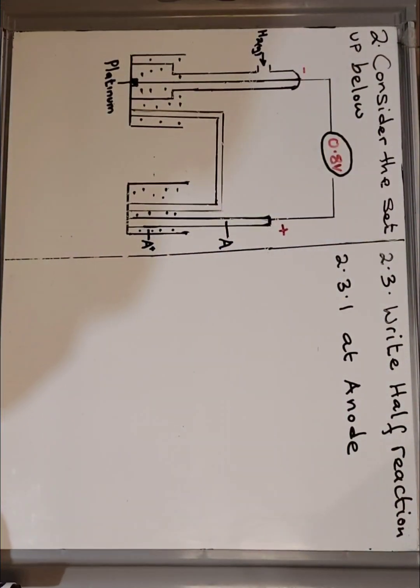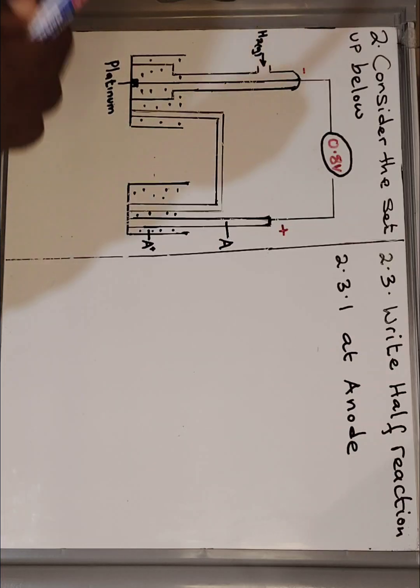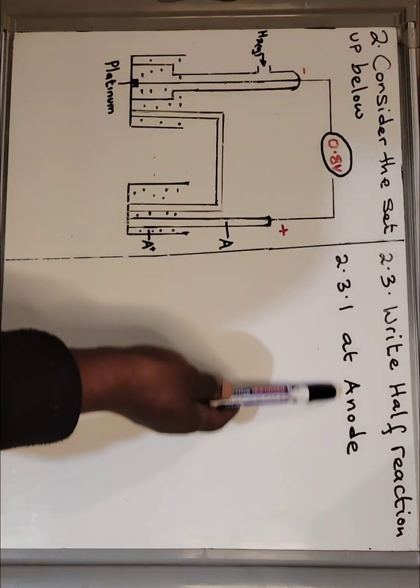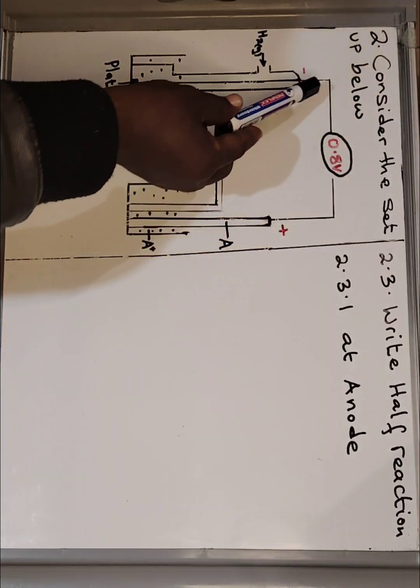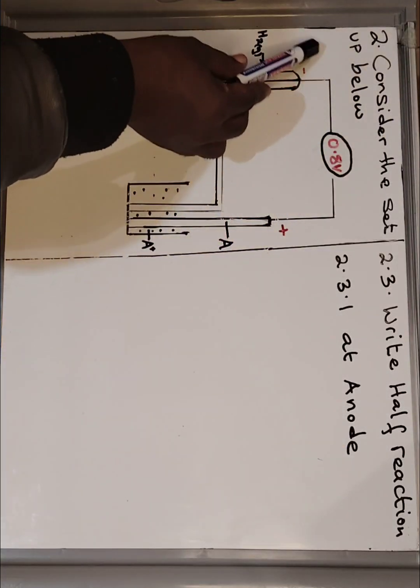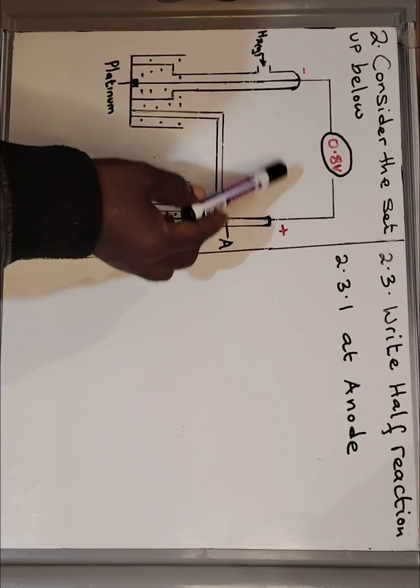Then comes this question here. The question says, write the half reaction at the anode. Now, for this particular cell, you cannot answer this question until you have the ability to interpret these signs here, the positive and the negative.